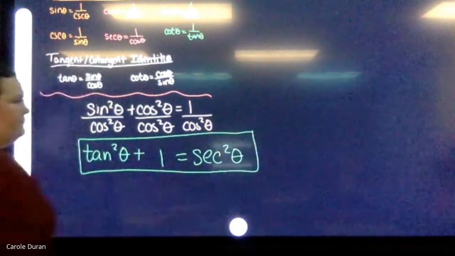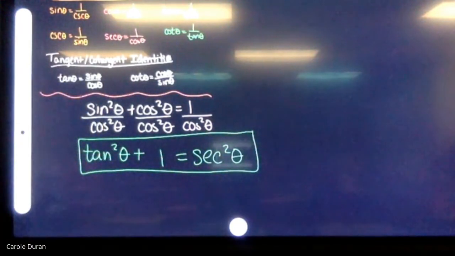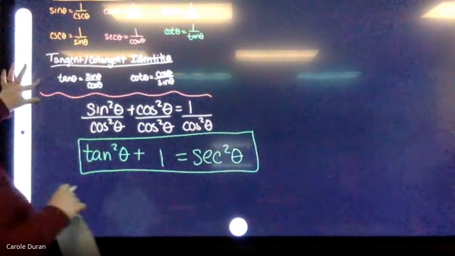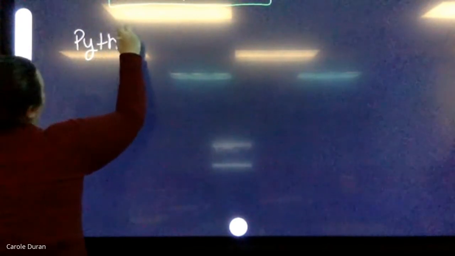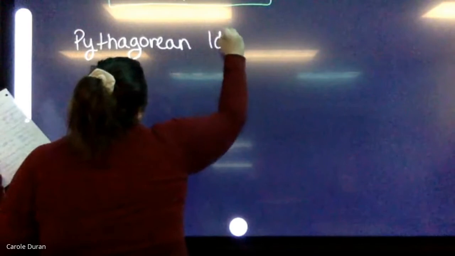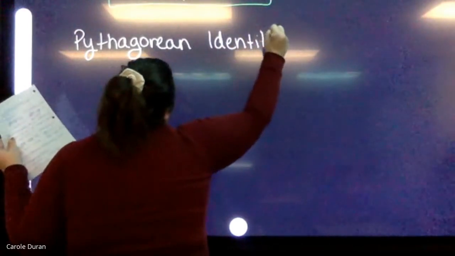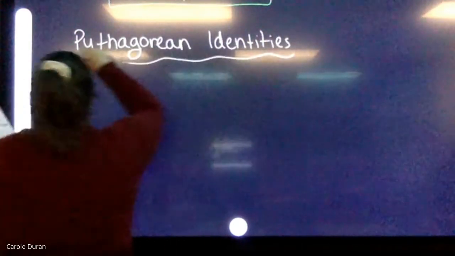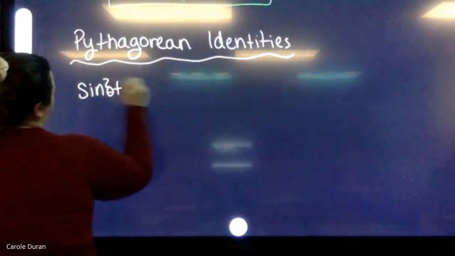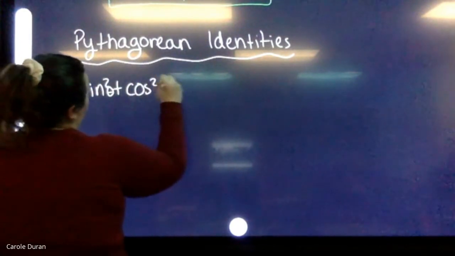Oh, I looked at the wrong one. So I'm going to rewrite all 3 of them so they're all in the same place, just so it's really easy to go back and reference them. So my 3 Pythagorean identities are sine squared plus cosine squared equals 1.